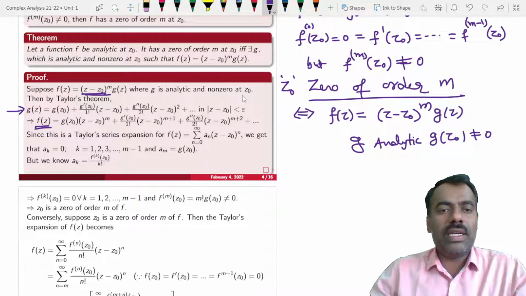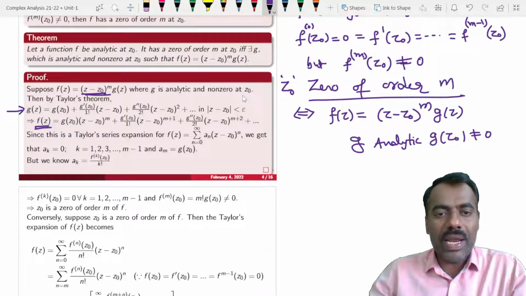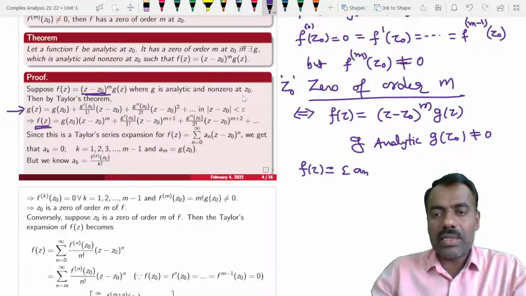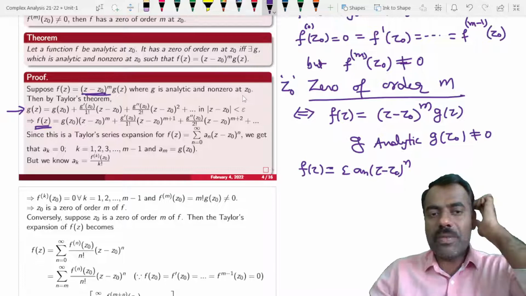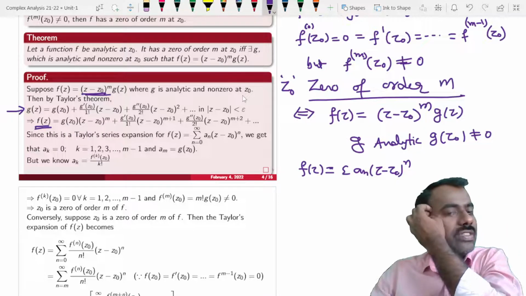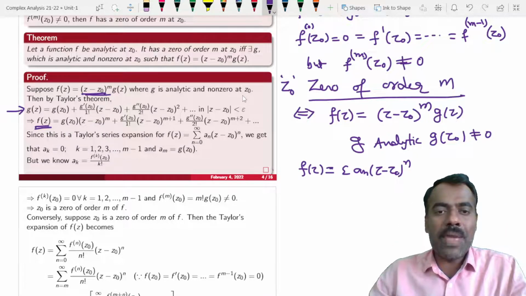There are no negative terms here. This is the Taylor series for f of z, which itself says that if you write f of z as summation a n (z minus z naught) whole power n, you can see it is starting from m. The power of z minus z naught starts from m, then m plus 1 and so on.